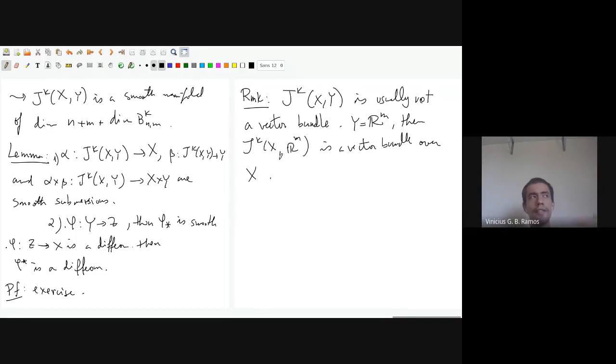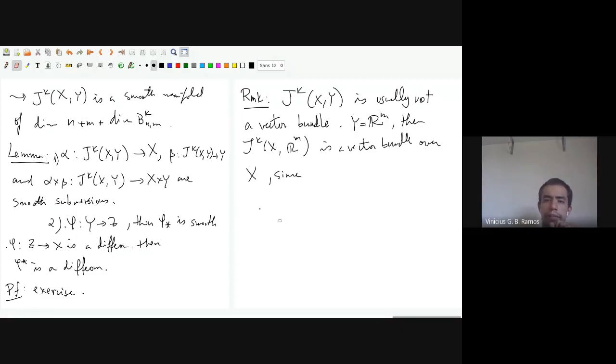You can add functions, and that will induce an operation for the jets. Sorry, you can define it the other way around.